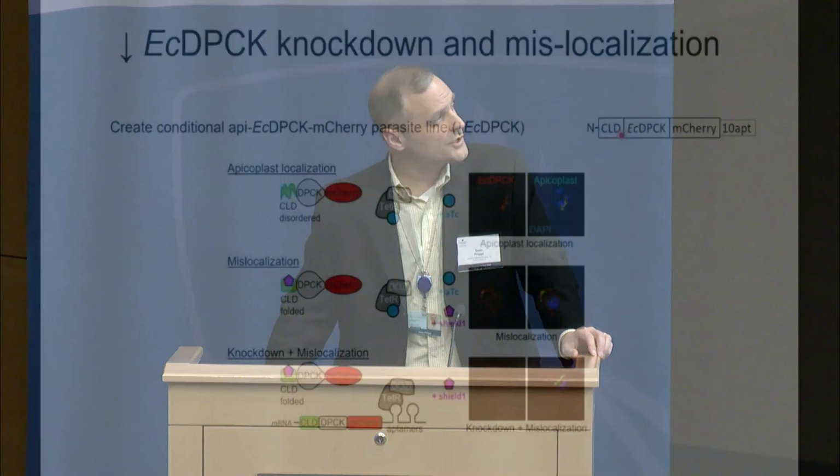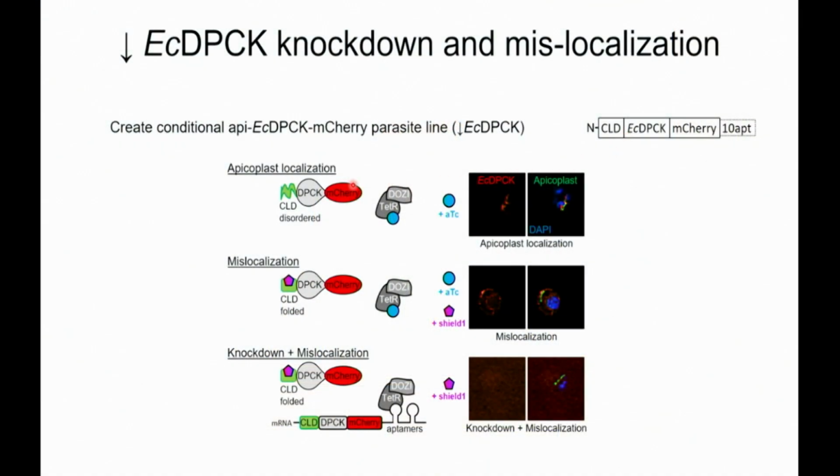And so the two systems work like this, where normally this conditional localization domain, which is actually a heavily mutated form of the FK506 binding protein, is mutated to look like an apicoplast trafficking peptide. It's metastable, so it tends to be disordered unless there's a binding ligand. So when you add a binding ligand to the parasites, which is Shield 1, you end up having a very big change in the localization of the protein.